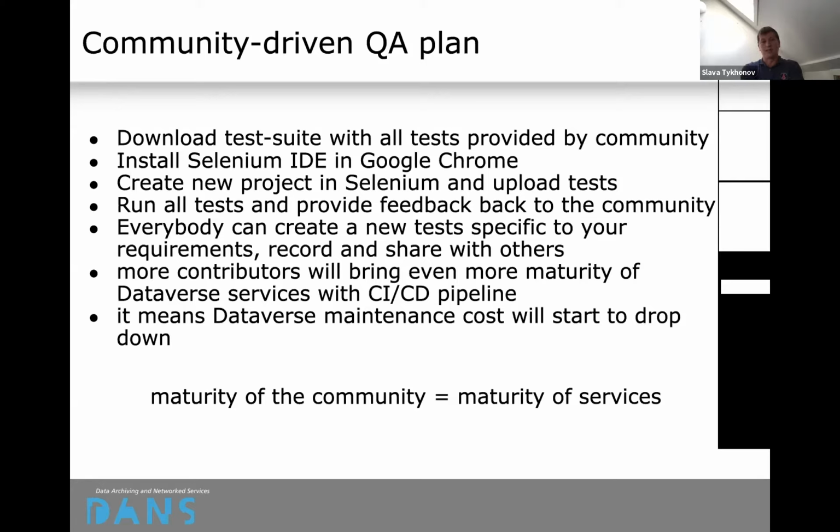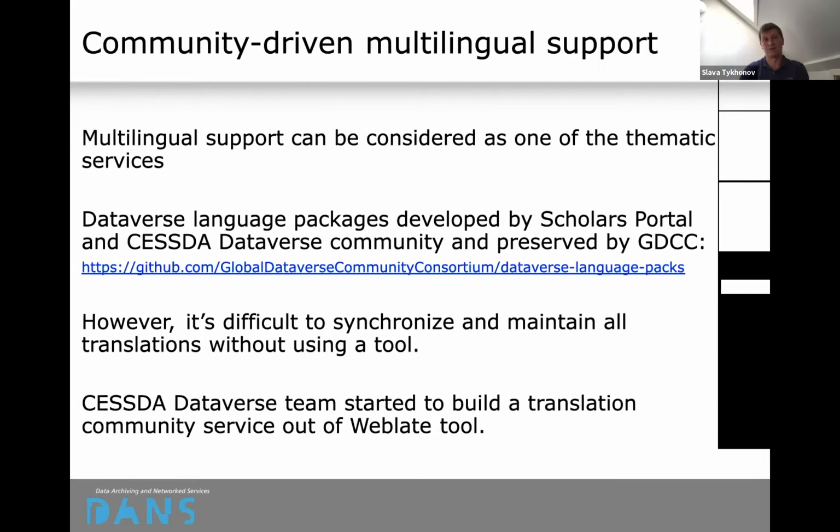So it means that Dataverse maintenance cost will start to drop, and the maturity of the community in the end will mean even more maturity of the services that we are providing in the European Open Science Cloud.